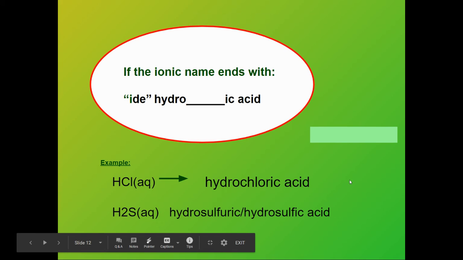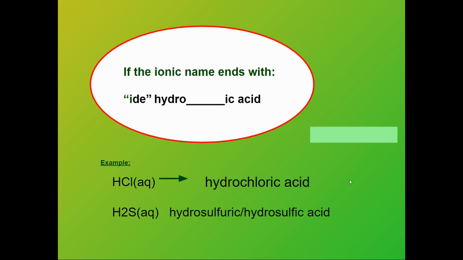So you take the IDE ending away, take hydro from hydrogen, and rename your chloride into chloric acid, and then you add acid at the end. So this one would be hydrosulfuric or hydrosulfic acid, the second example, okay? In your notes, you would go from hydrogen iodide to hydroiodic acid, all right?